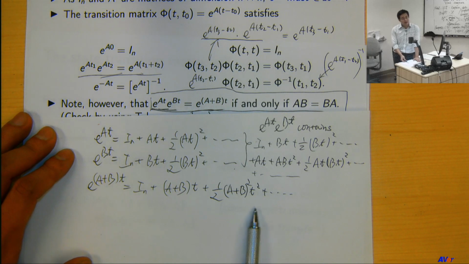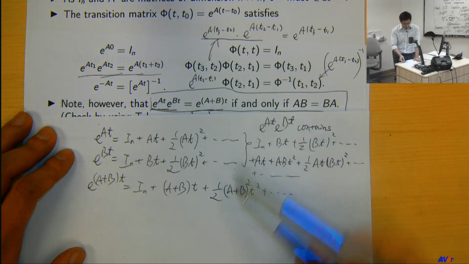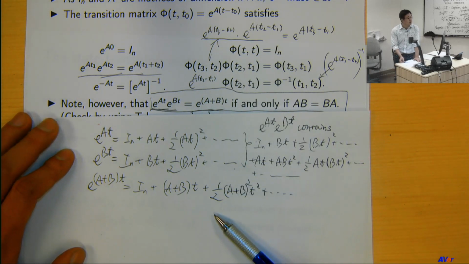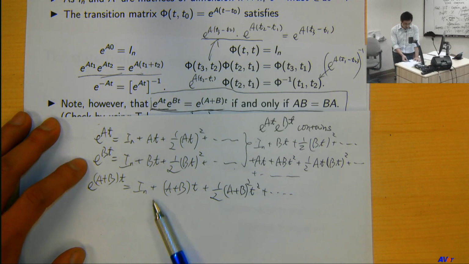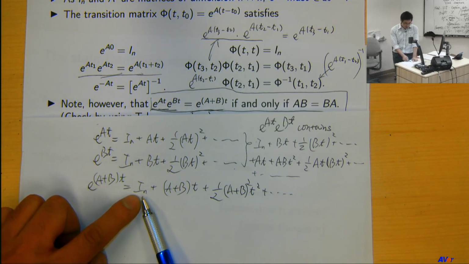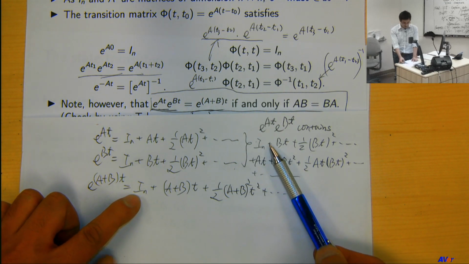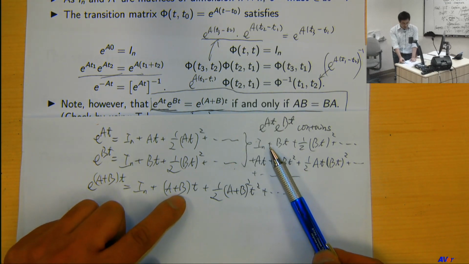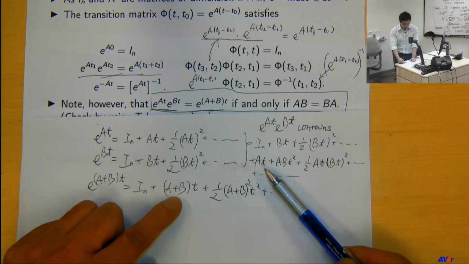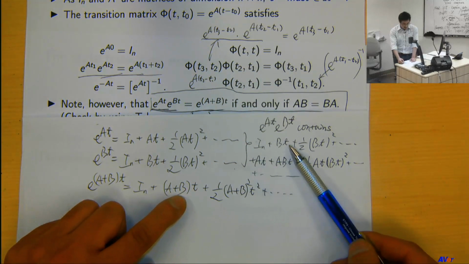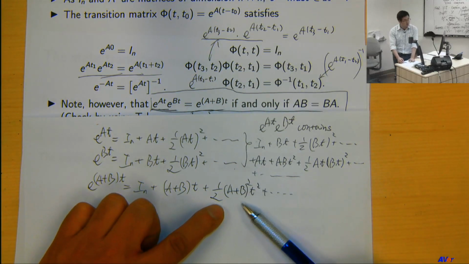So let's see. To make this equal to that, what can go wrong? Let's check term by term. We need an I term, which is available from here. (A + B) t is also available: I got A t, I got B t as well.